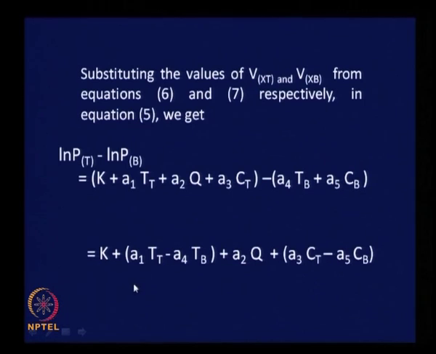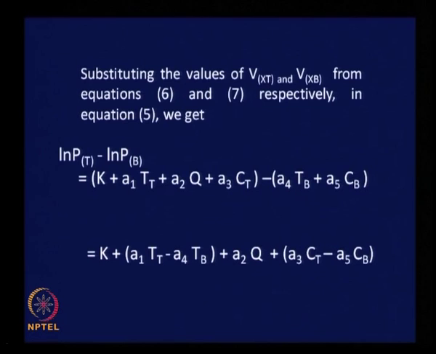See, what you did in the previous case is A1 Tt minus A4 Tb, right. Travel time by train is multiplied by some coefficient, and then travel time by bus is multiplied by A4. Of course, we are yet to decide about the values of these coefficients, right. In any case, the travel time difference will be multiplied by some factor.